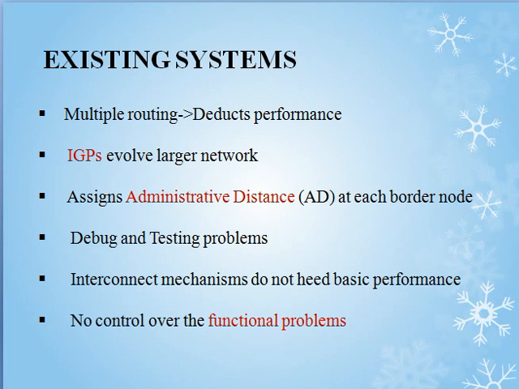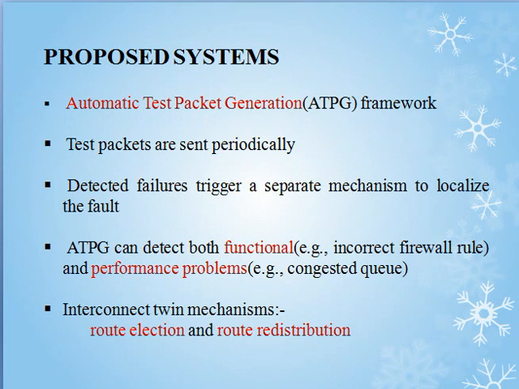So now let's see about the proposed system. The main contribution of this paper is what we call automatic test packet generation, the ATPG framework, that automatically generates a minimal set of packets to test the liveness of the underlying topology and the congruence between the data plane state and the configuration specifications. Test packets are sent periodically, and detected failures trigger a separate mechanism to localize the fault.